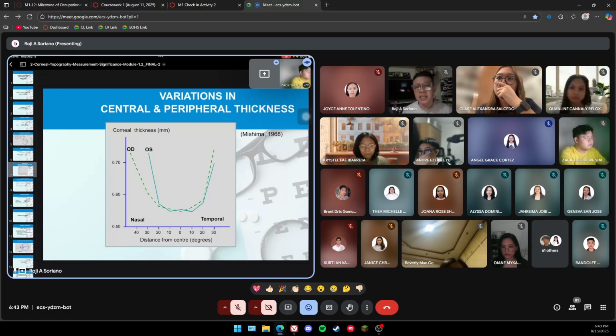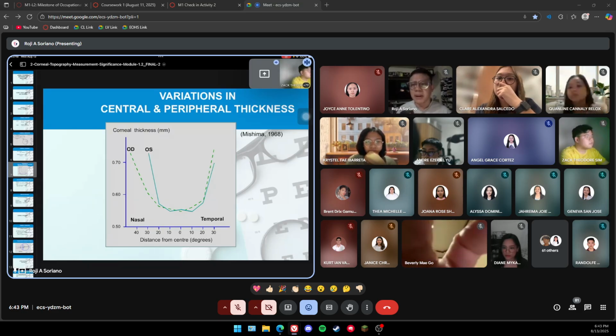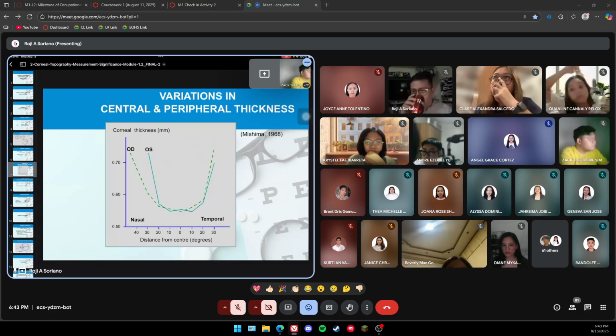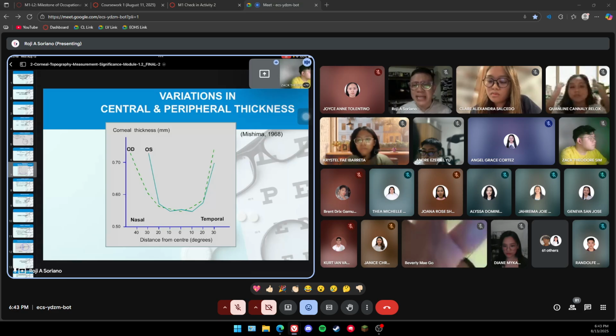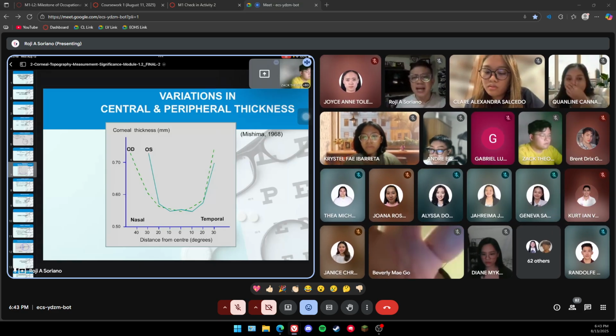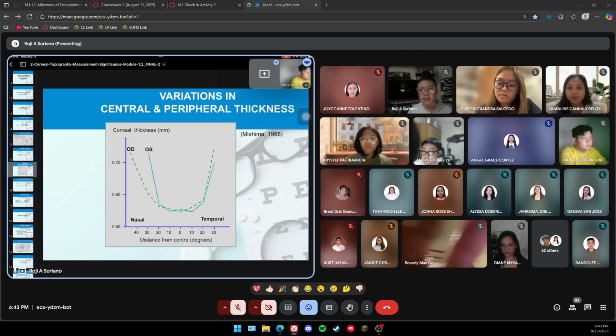Of course, peripherally, right? From the center, it goes flatter peripherally and thicker peripherally. Not only is it flattening peripherally, it thickens peripherally.